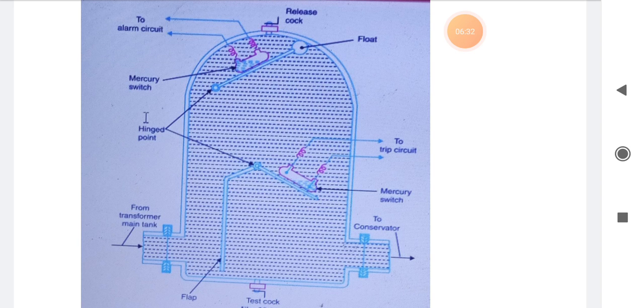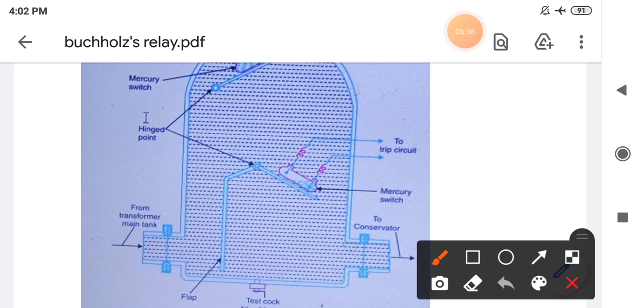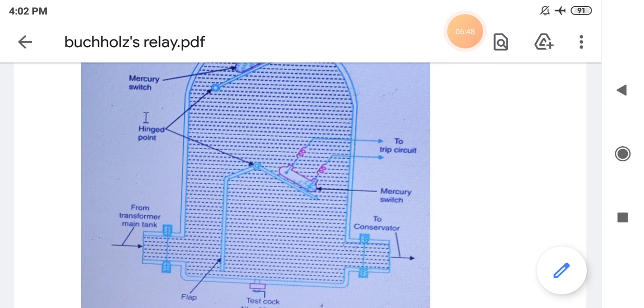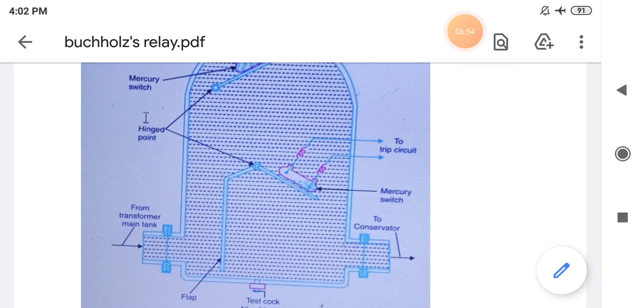And what about the major faults or very dangerous faults? As I have already told, the oil is entering from left to right, right? If the oil enters in this way with normal rush, then there will be no impact, and this flap will stay as it is, it will not move from its position.